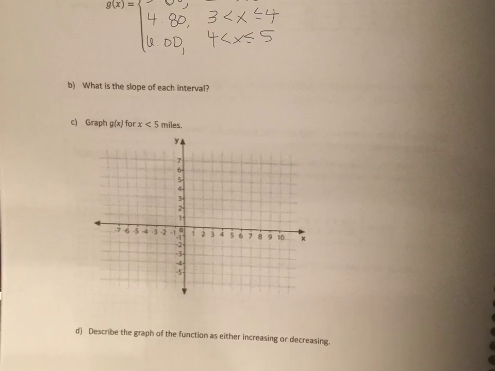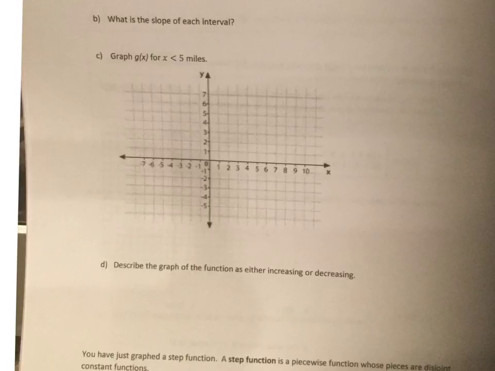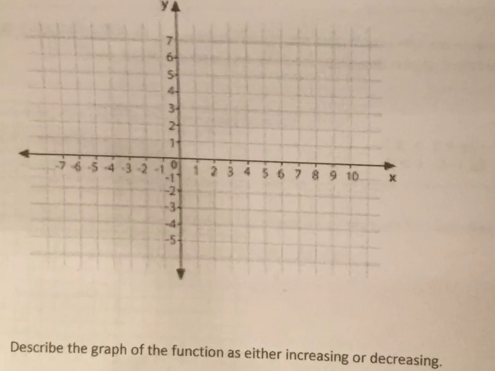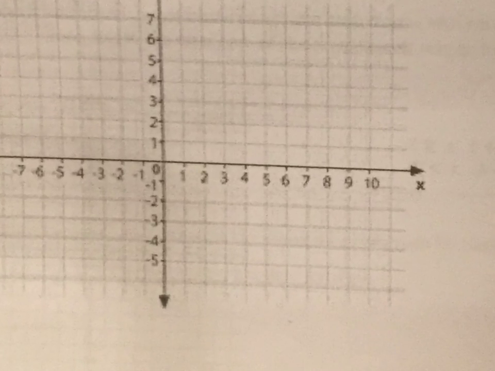So on your graph, you're going to do your best. Okay, 0 was not included. 1 was included. I'm going to have to zoom in here a little bit. Okay, so $1.20 is about right here. Okay, we have an open circle at 0 and a closed circle at 1.